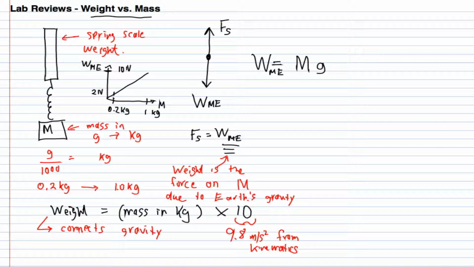That's our first big formula of the semester. We actually used this last semester, but I told you we weren't responsible for it on the exams, so now we're going to be using it this time. The whole point of the spring scale lab was to come up on our own with the relationship that weight is the mass times the gravitational pull of Earth.